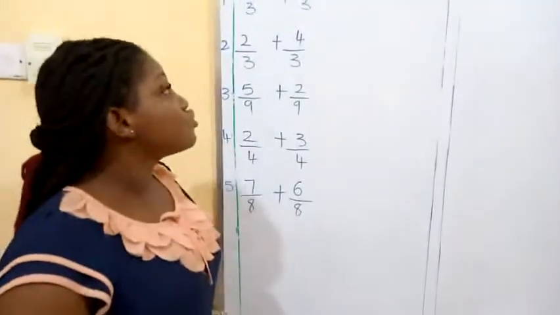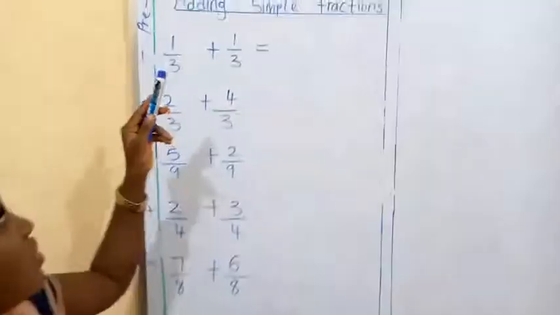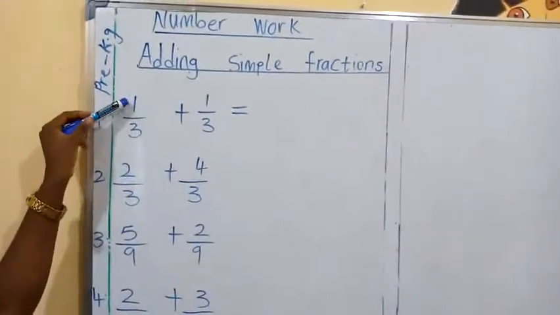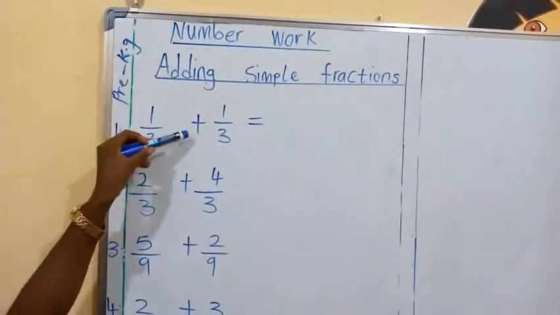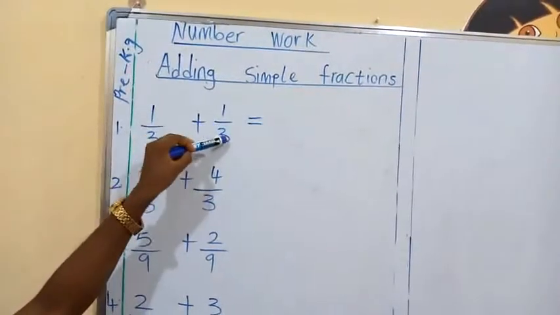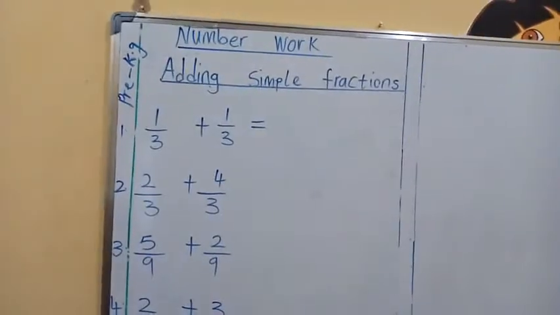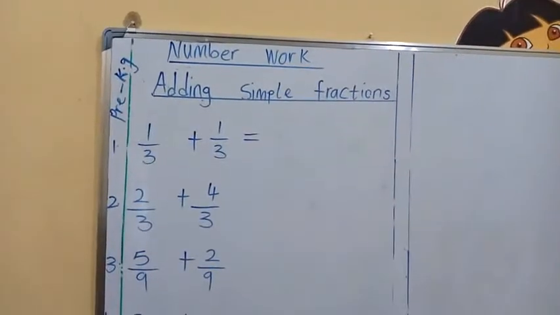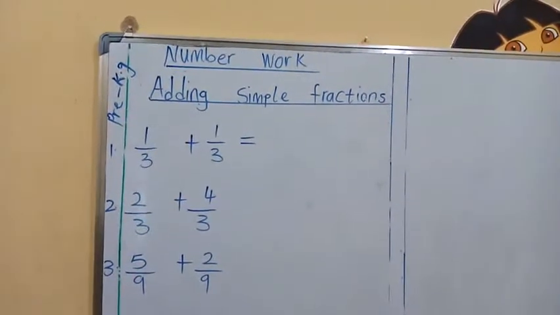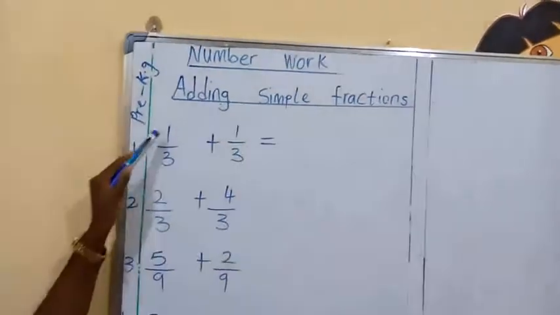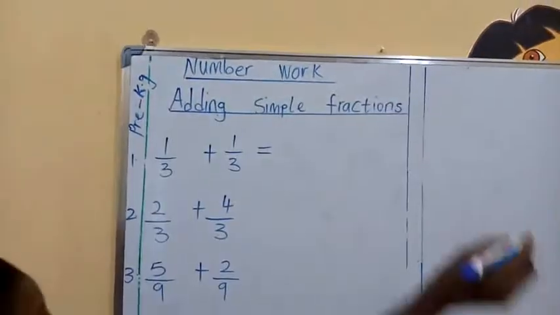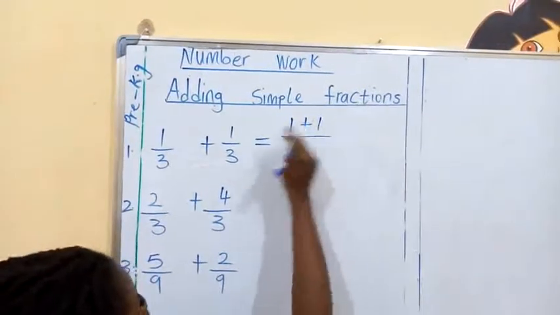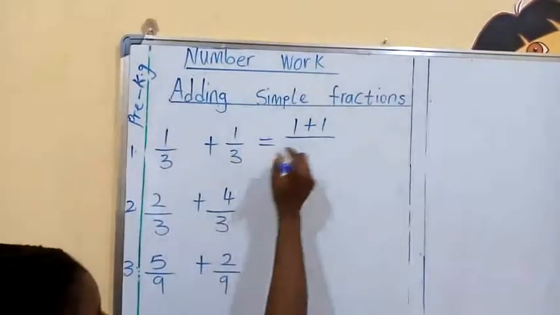Okay, so this is it. This is the fraction on the board, and we have here 1 all over 3 plus 1 all over 3. How will we do it? Remember, we said we will add the numerator. The numerator is what? 1. So we are going to write 1 plus 1 all over what? 3.